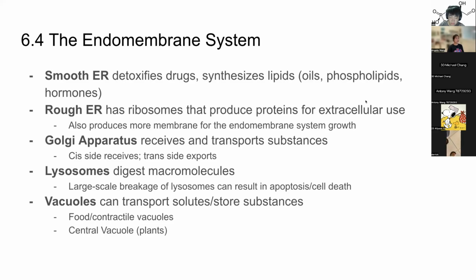Vesicles delivering content usually merge with the membrane, and vesicles that are going away from the Golgi pinch off from the Golgi. Also, the Golgi slightly modifies products that enter it before delivering. And then lysosomes digest intra or extracellular macromolecules, which include waste or damaged organelles, and this is called autophagy.